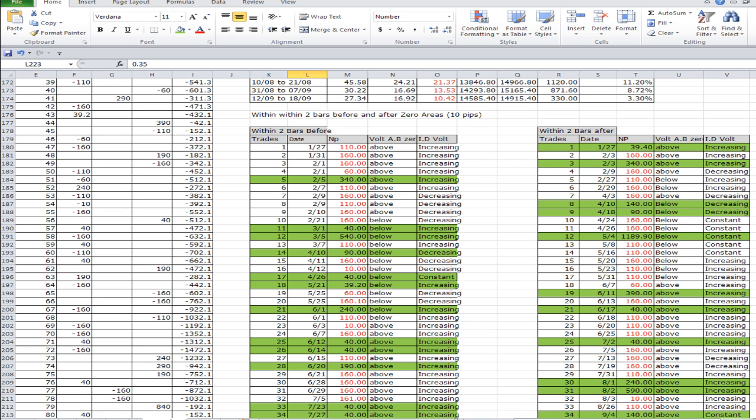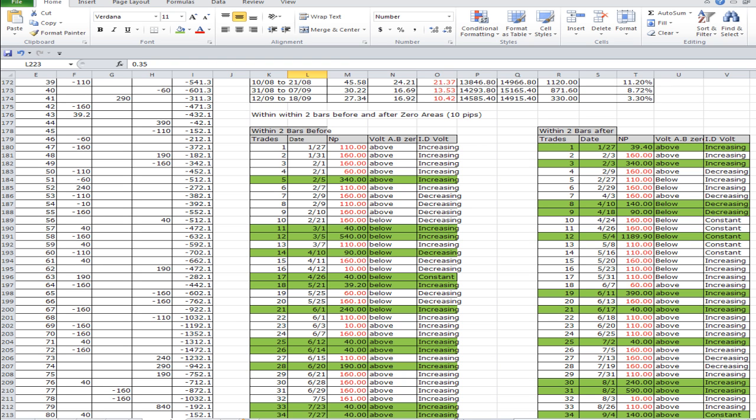So what I want you to do is have a look at that as part of your testing. He's obliged by doing that with his testing, and he's basically looked at 2 bars, so 5 pip Renko, and he's looked at 2 bars before, 2 bars after.